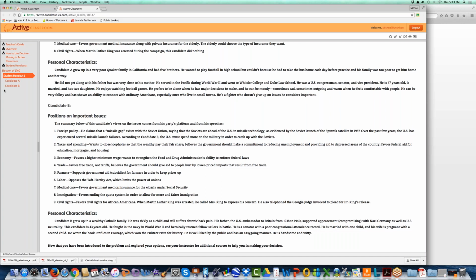And of course, at the end of it, I can just tell the students who won the election, and we can compare and contrast that with the actual vote and the actual outcome, and who the eventual winner actually was.